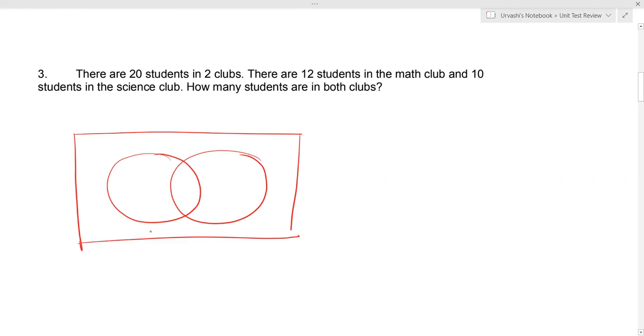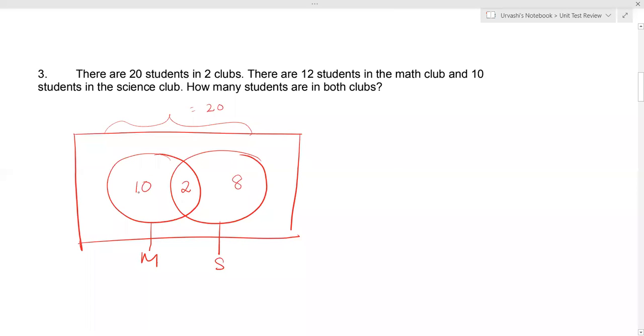So then I put 10 in math and 8 in science, and then I put 2 in both. So that all of them combined would equal 20. So then 2 would be in both of them.